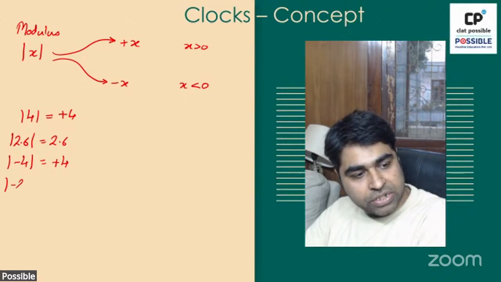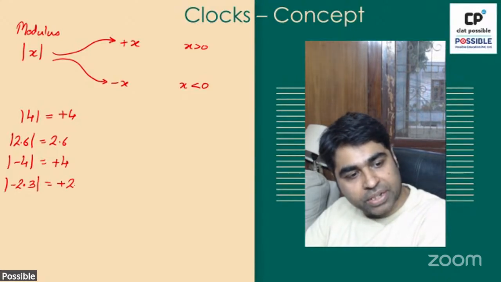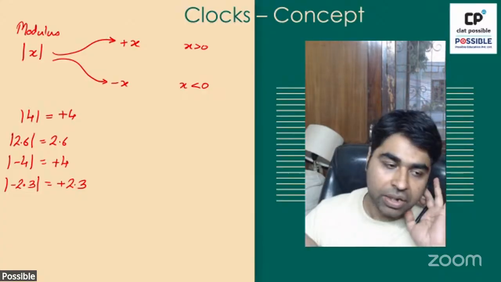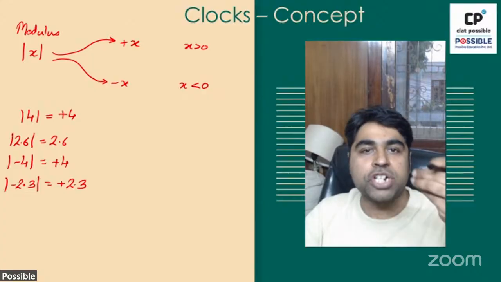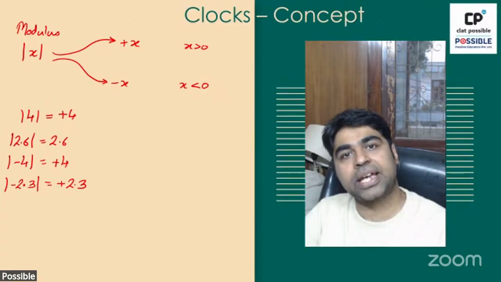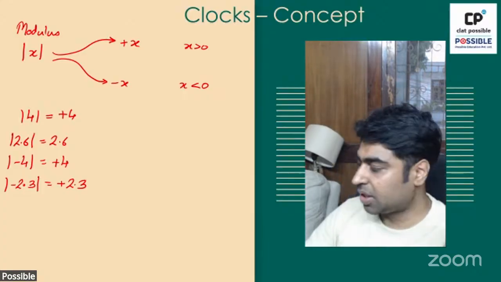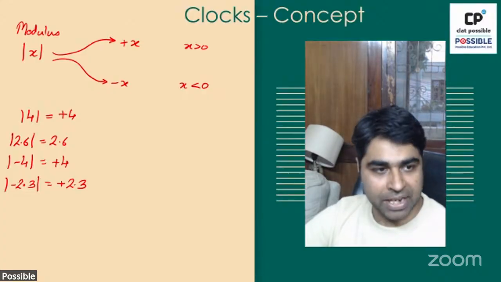Mod of minus 2.3 will be plus 2.3. So the value doesn't change. Only thing is that if anything positive goes inside, it comes out positive. If anything negative goes inside, it still comes out positive. So modulus is what I call a temple: whatever goes inside comes out with good feelings. Right.